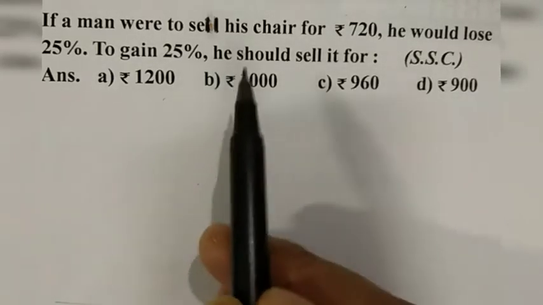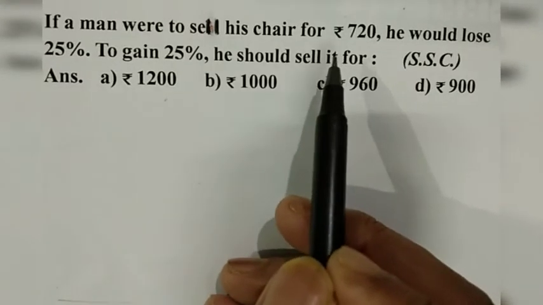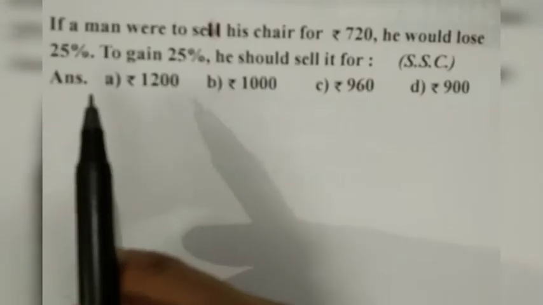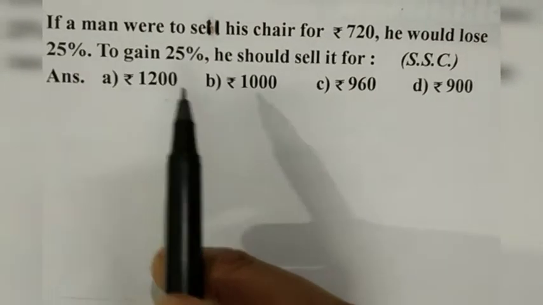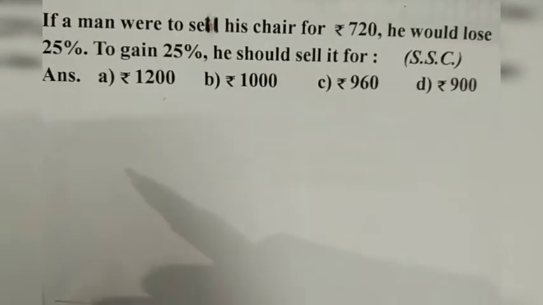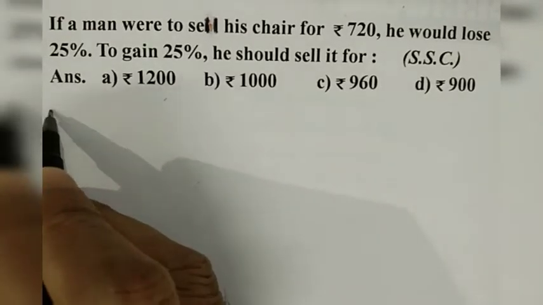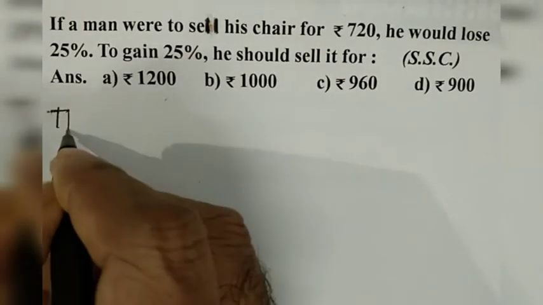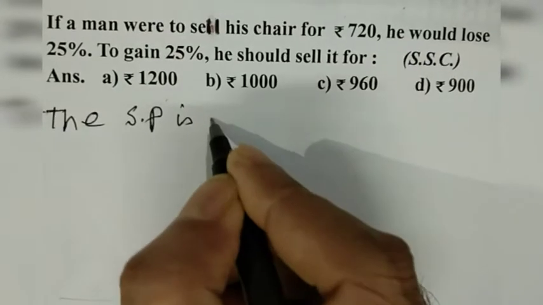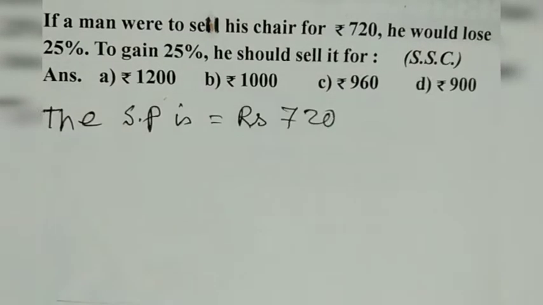If a man were to sell his chair for rupees 720, he would lose 25%. To gain 25%, he should sell it for? Here, the selling price is rupees 720.